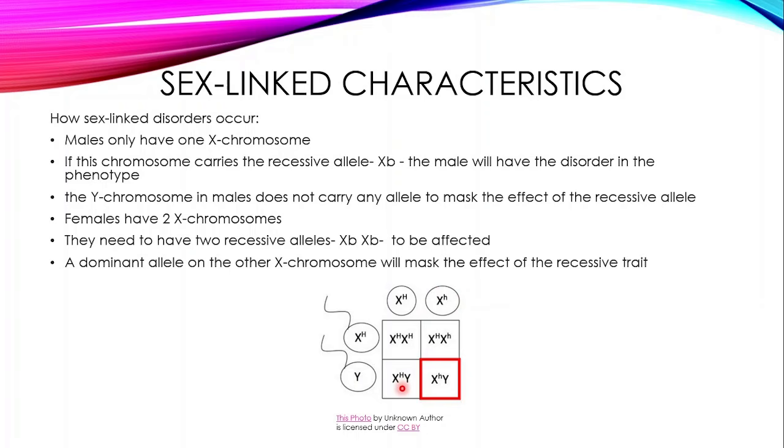This one will be a boy, XY, and he will not be affected because he will get this X, which is fine. It has the dominant trait. But this boy will be the affected one because he will have this recessive one, and the Y will not be able to mask this. So he will then show the disorder in his phenotype.